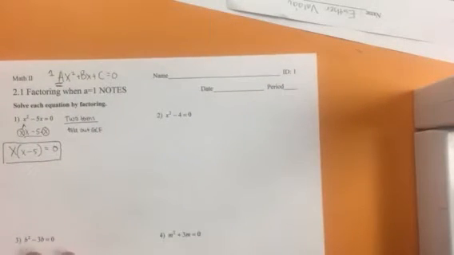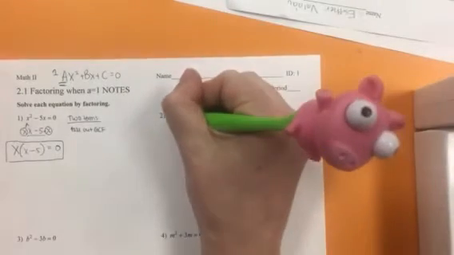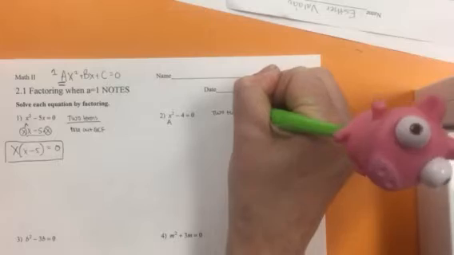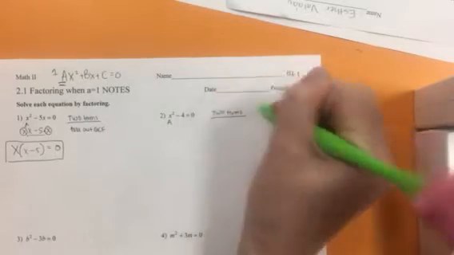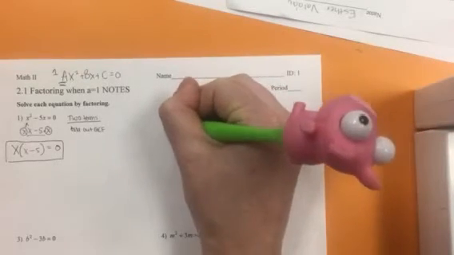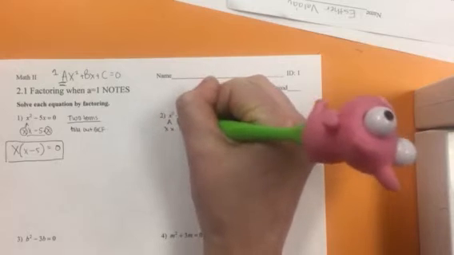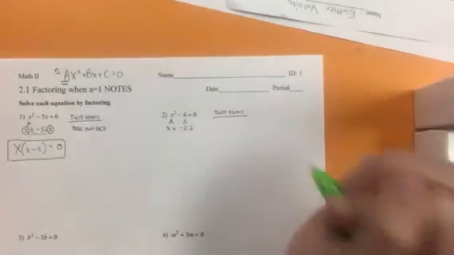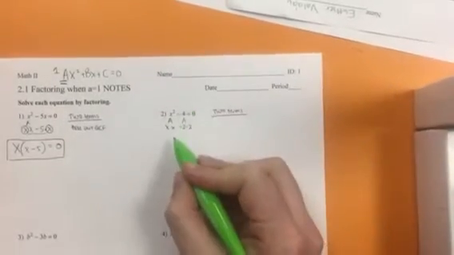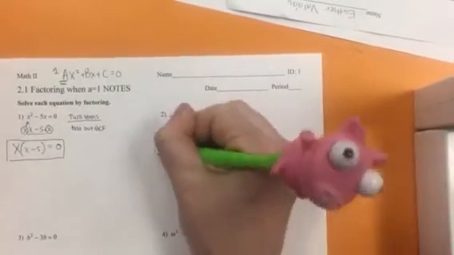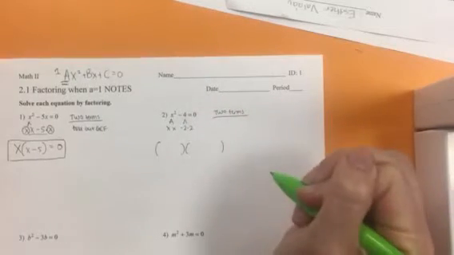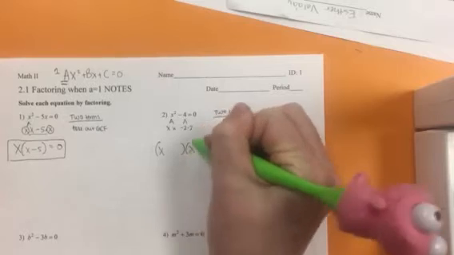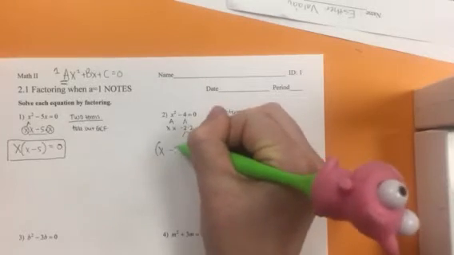On problem number 2, I'm going to try and factor it when we have 2 terms. So we would have x times x and negative 2 times 2. This one's different. We can't take a common factor out, so we're going to try and factor it in our parentheses. So when I break up these x's, they both go in the front, and when I break up these 2's, they go in the back.